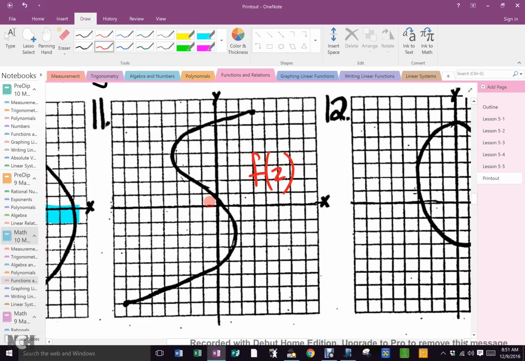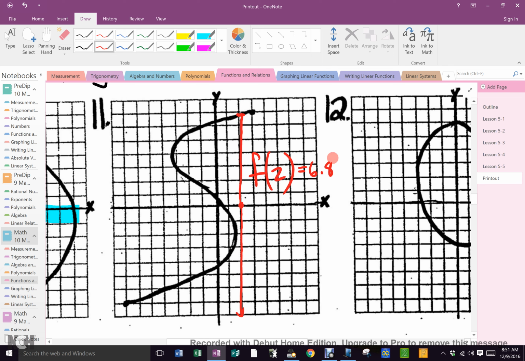Why? Because that says f of x, and the x is now a 2. So I have an input of what? 2. What do I need? An output. Is there an output down here? No. Is there an output up here? Yes, right there. What is it? 1, 2, 3, 4, 5, 6. Is it 7? Not quite. So we're going to say it is 6.8.